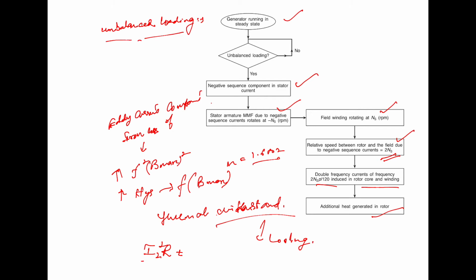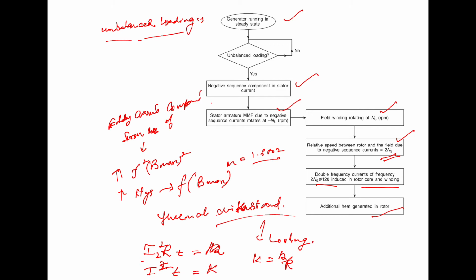Since the capacity of a particular machine to safely dissipate energy is limited to a certain value, we can write I2 square R t equals K, and let us assume R to be constant, and let small k equal K by R. Now we get the thermal characteristics of the machine as I2 square t equals k.